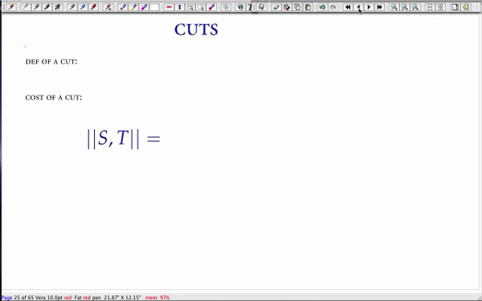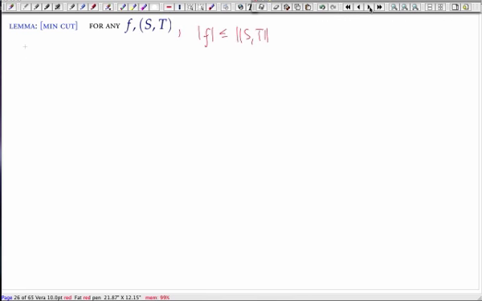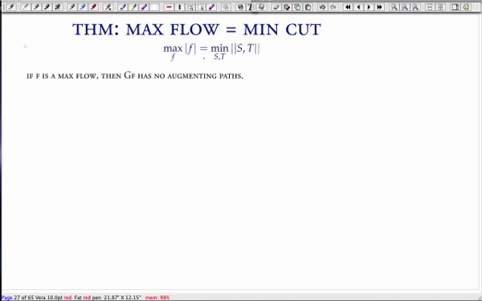By the way, you remember that the definition of a cut here is just going to be the capacities of all of the edges from S to T. Okay, and so once you have this lemma, then it follows that you can make an argument that this max flow is equal to the minimum cut. Okay?